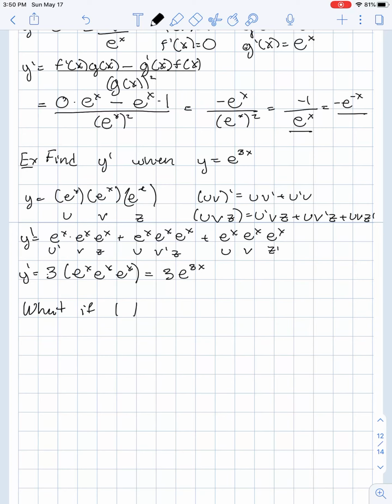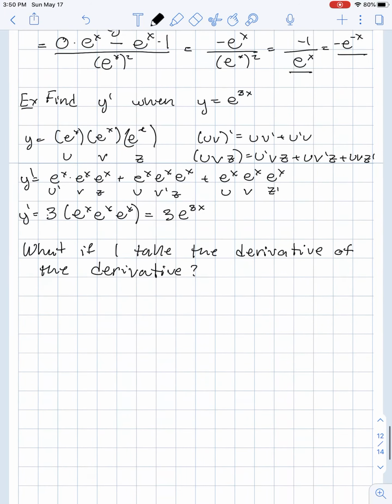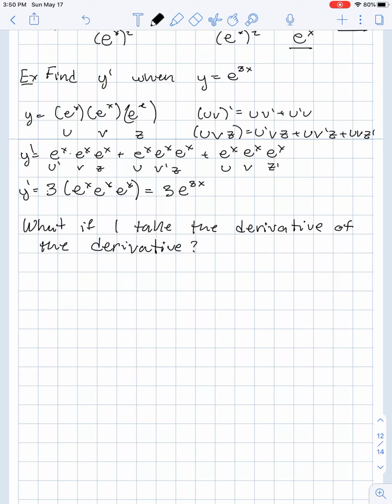So, what if I take the derivative of the derivative? What does that mean? So we also call f prime the first derivative.